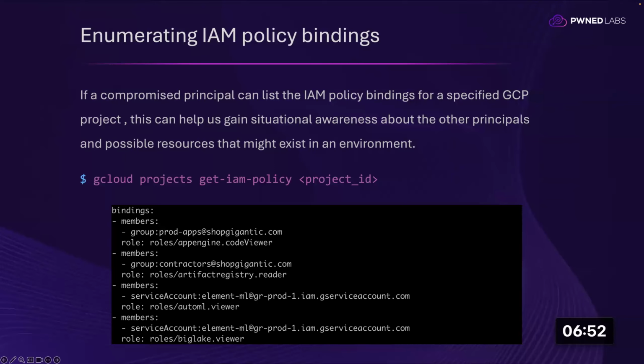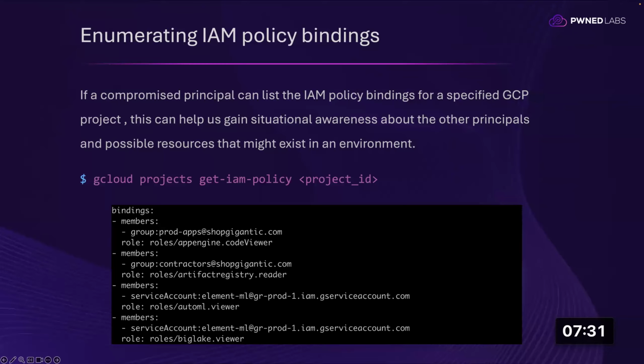In the screenshot, we see various service accounts. The first component of a service account is the name, such as element ML that we see there. Then after the @ we have the email domain. The first section there is the project name. So this is the GCP project. grprod1 is the project that this service account was created in.